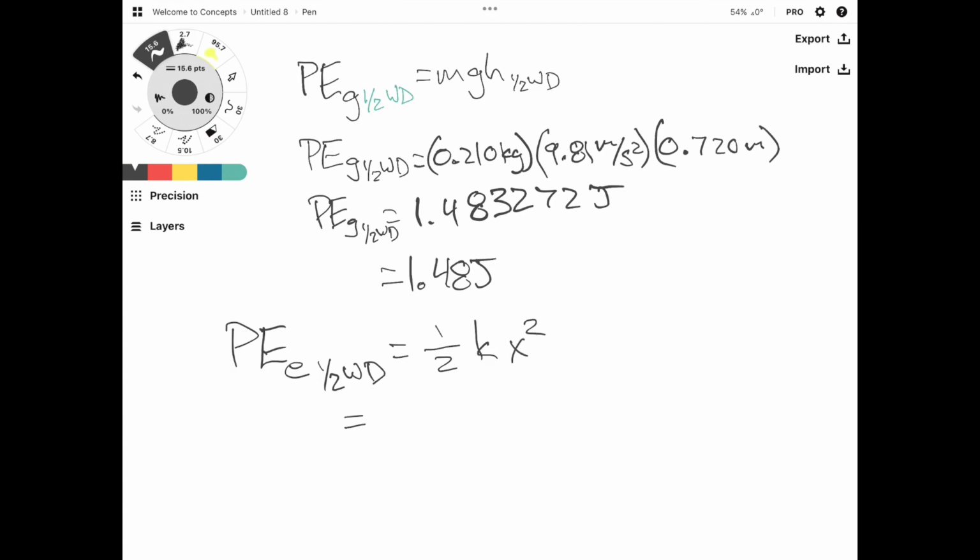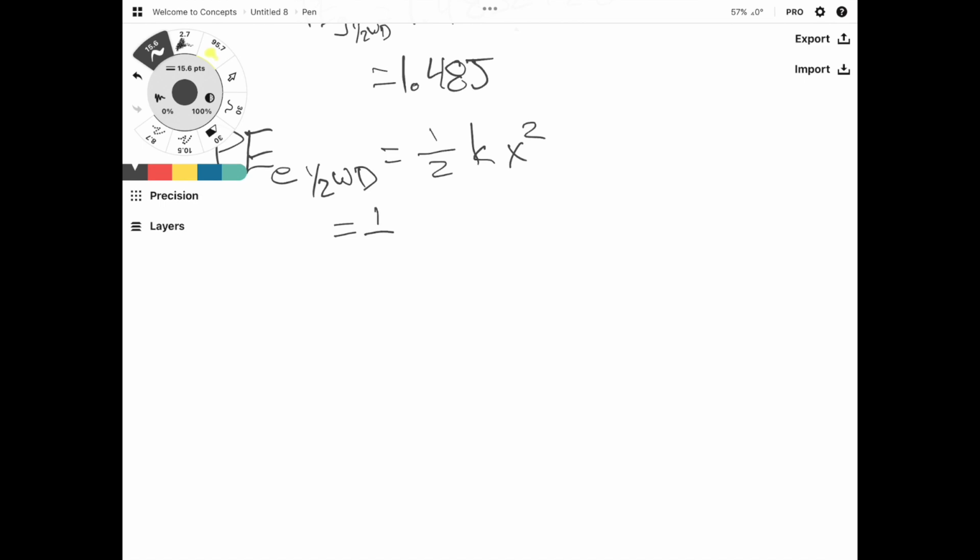That is 1/2 times k, 8.9047 newtons per meter, times the displacement, which we said is 0.23 meters, and I'm squaring that.